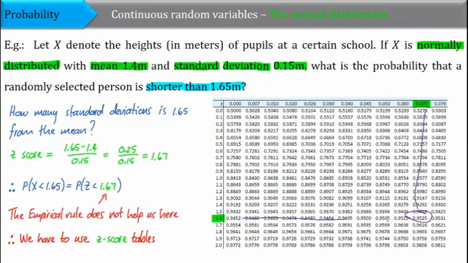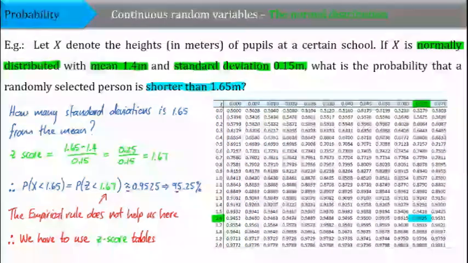I'll come down, so it's going to be that value over there, which is 0.9525. So the probability of being less than 1.65 meters is the same as the probability of being less than 1.67 standard deviations above the mean, and that's approximately 0.9525 or 95.25%.